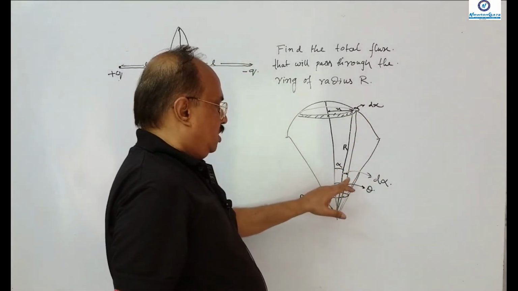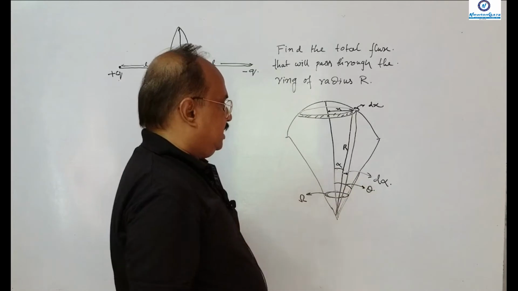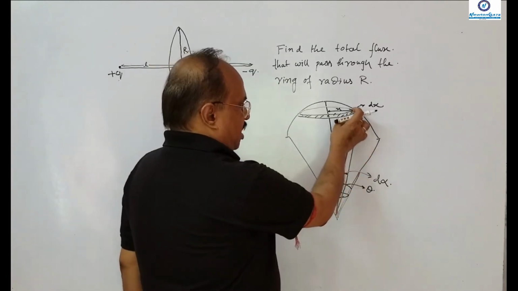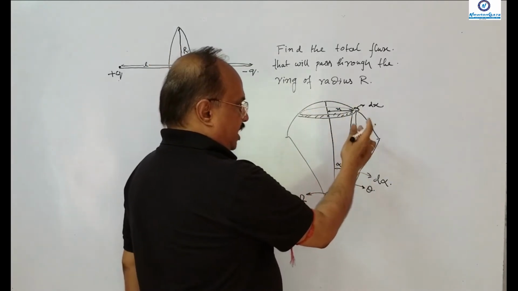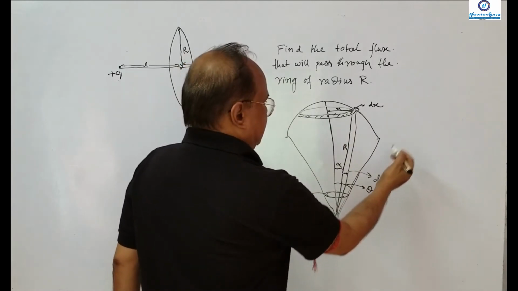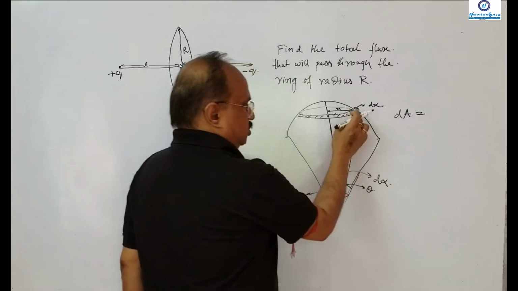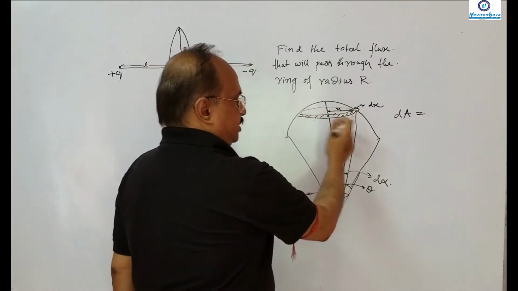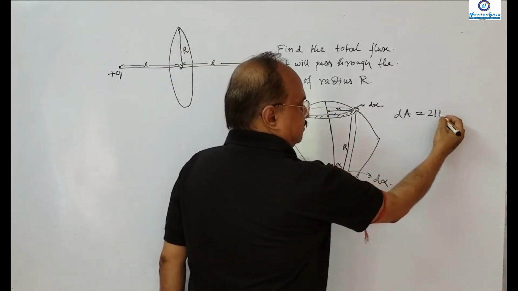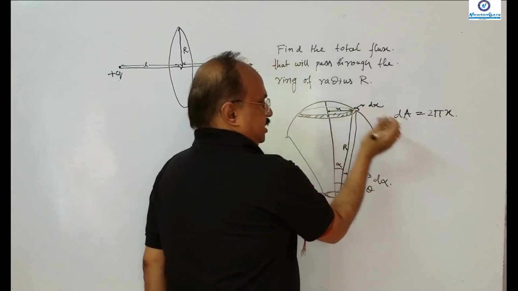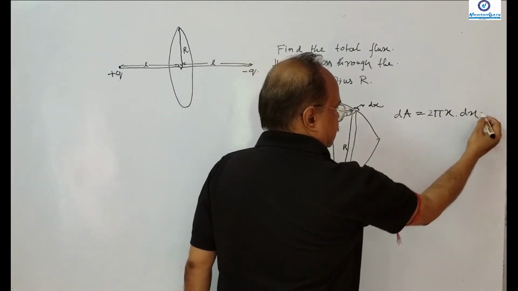So what is the area of this ring? If I call the area of this ring dA, that will be equal to the circumference, 2 pi x, into the thickness, dx.